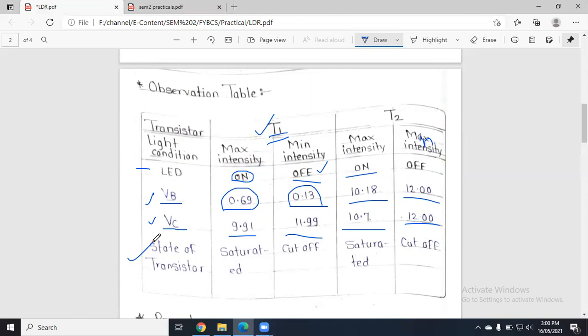In maximum and minimum intensity, the transistor operates in saturation mode when the LED is on, and in the cutoff region when the LED is off. The same applies to transistor T2: when the LED is on, it operates in saturation region, and when the LED is off, in cutoff region.